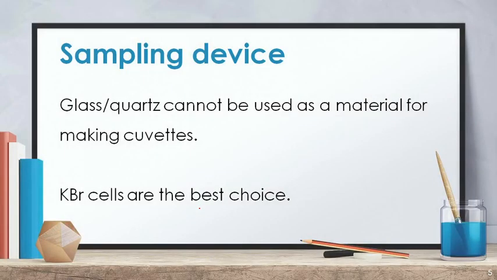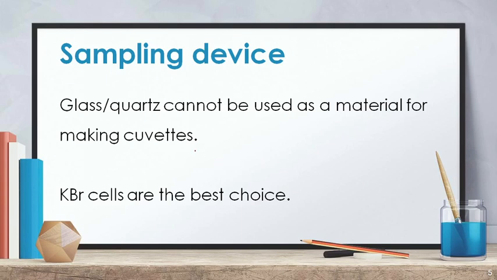Next one is the sampling device. The handling of a sample for the measurement of IR spectra is not that simple, because glass or quartz cannot be used as the material for making the cuvettes.